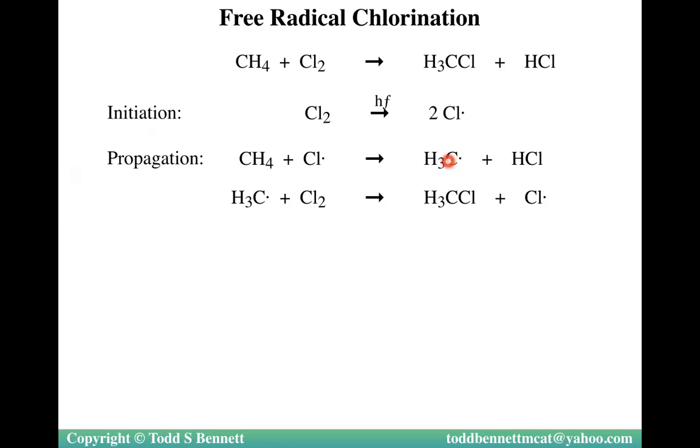When it does, it's going to leave behind a free radical on the methyl and generate an HCl. That methyl free radical, that R, is now free to attack a Cl, the weakest bond it can find. When it does, it can come in here, take one of the Cl's, form a C-Cl bond, and leave behind a chlorine free radical.